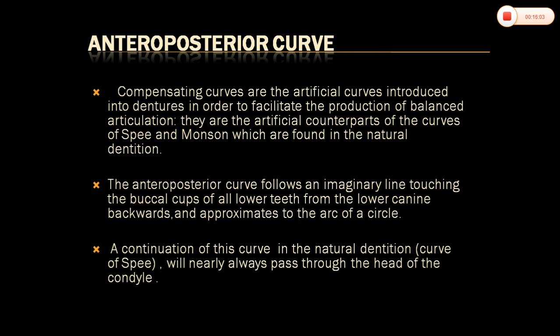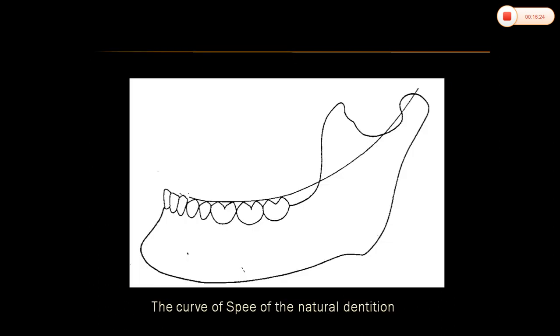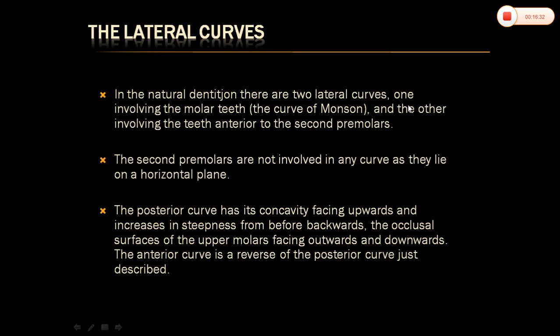The anterior posterior curve follows the imaginary line touching the buccal cusps of all lower teeth from the lower canine backwards and approximates to the arc of a circle. A continuation of this curve in the natural dentition will nearly always pass to the head of the condyle. You can see here clearly the curve of Spee in the natural dentition. Almost it passes through the head of the condyle.